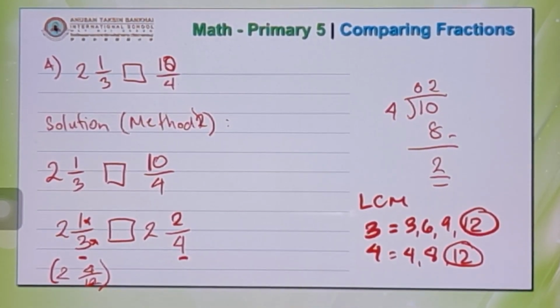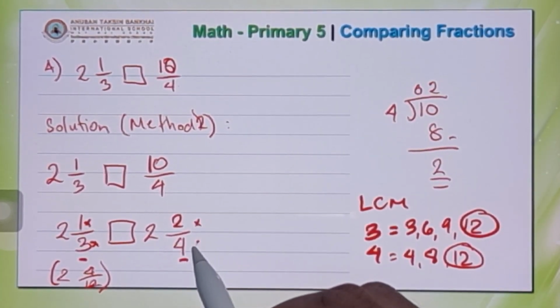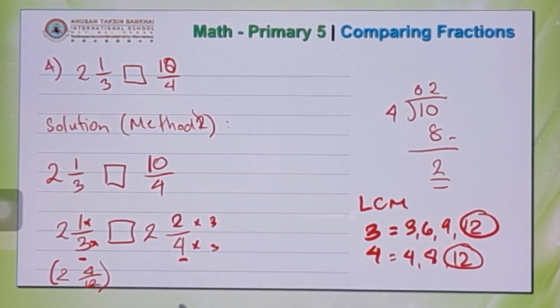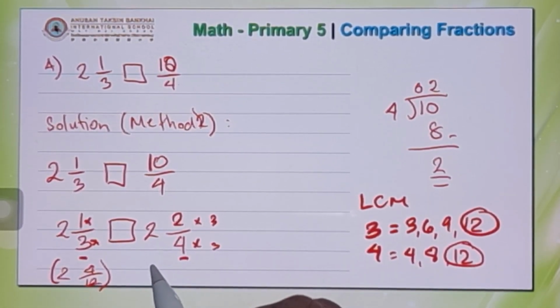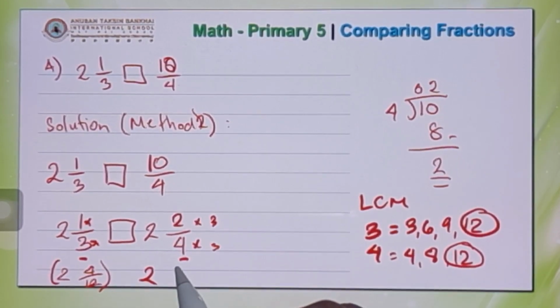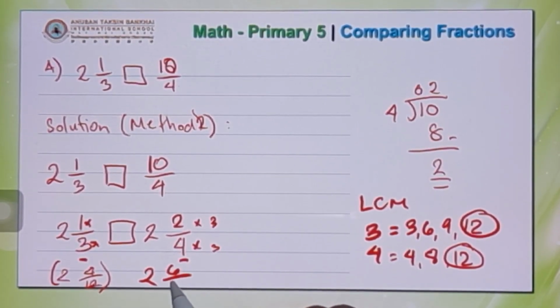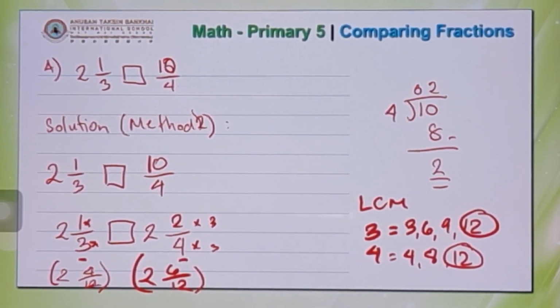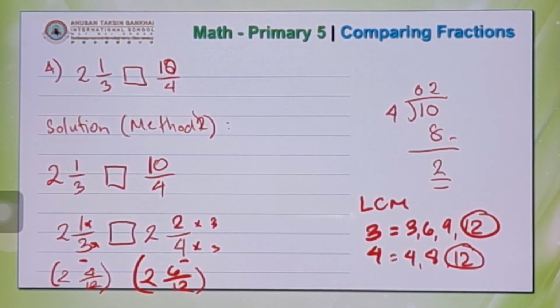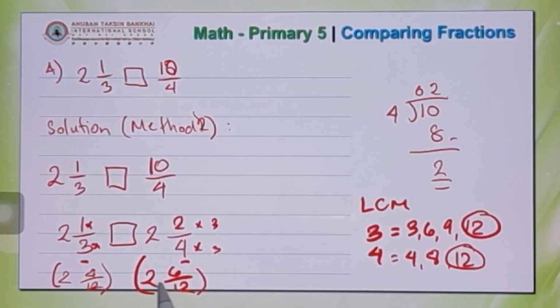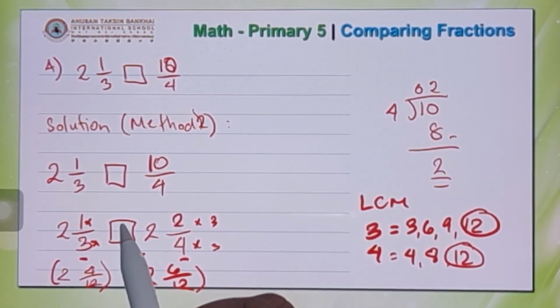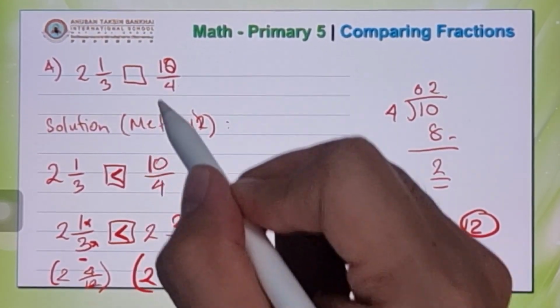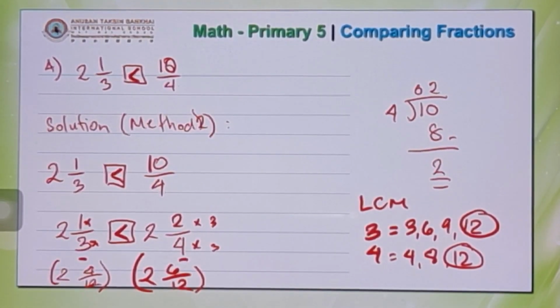We multiply this by 3. So we have 2 and 6 over 12. Okay, so therefore, we have 4 is less than 6. So our answer is less than.